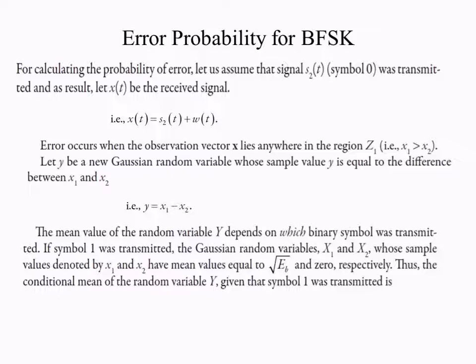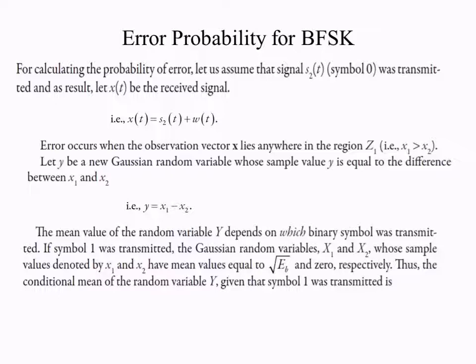Since we are transmitting S2(t) or symbol 0, actually your observation vector should lie in the Z2 region, but here error occurs when the observation vector x lies in your Z1 region, and the condition for that is x1 is greater than x2.